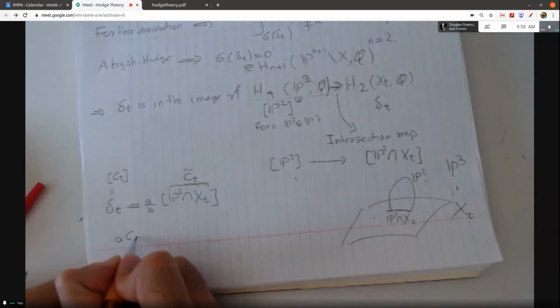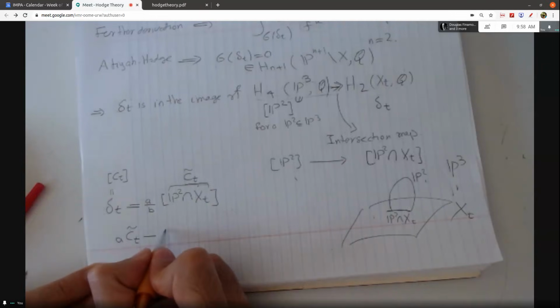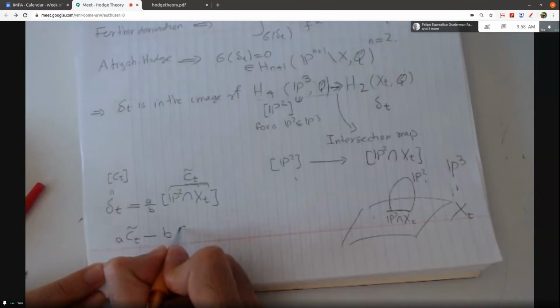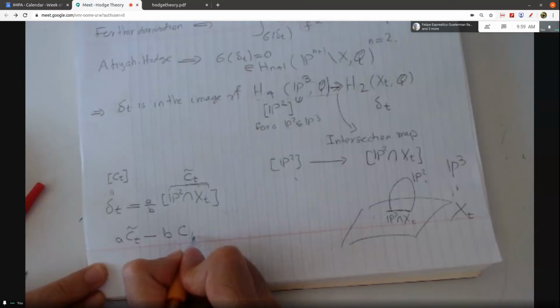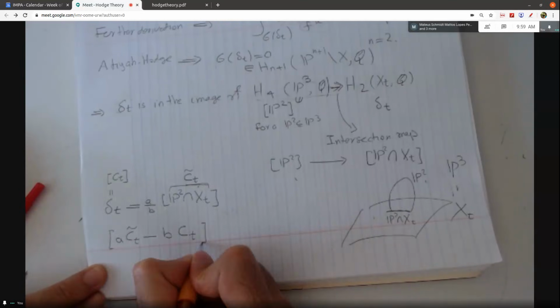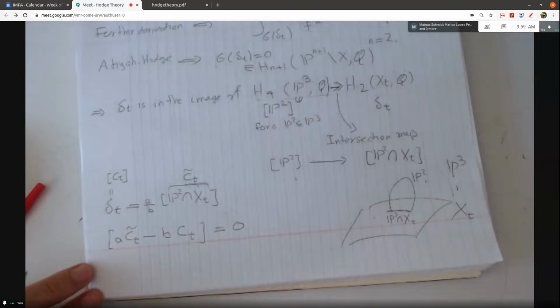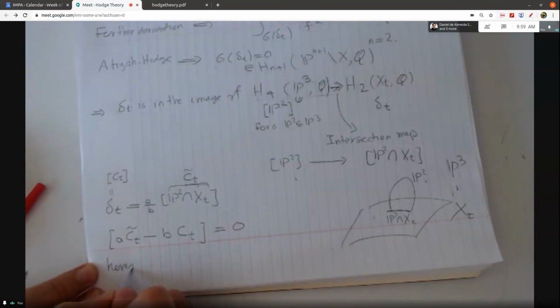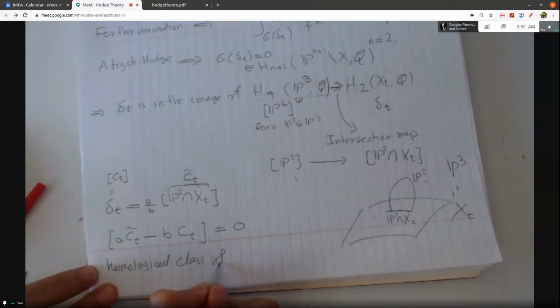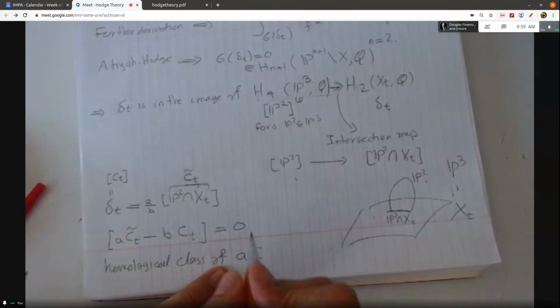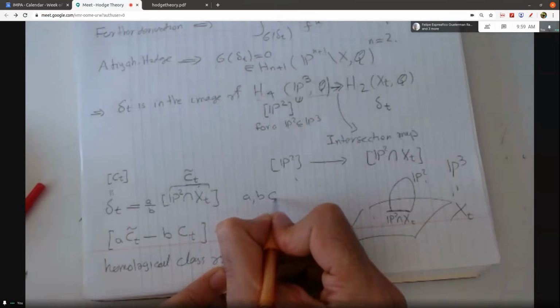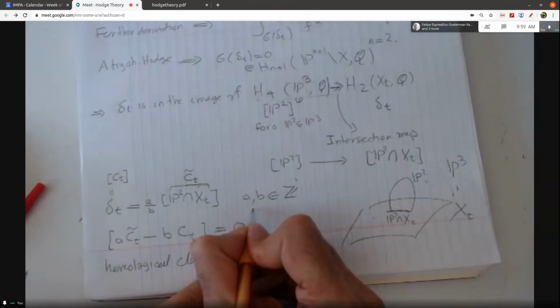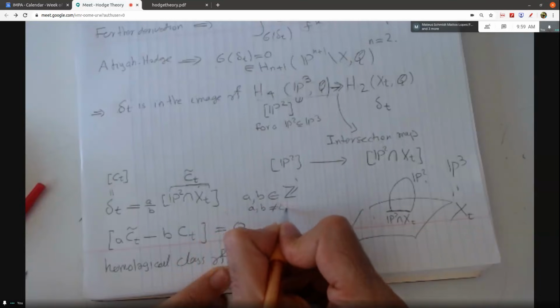So A C tilde T minus B CT, this homological class is 0. So we get the homological class of A. So A and B, let's say, integers with A and B not equal to 0.